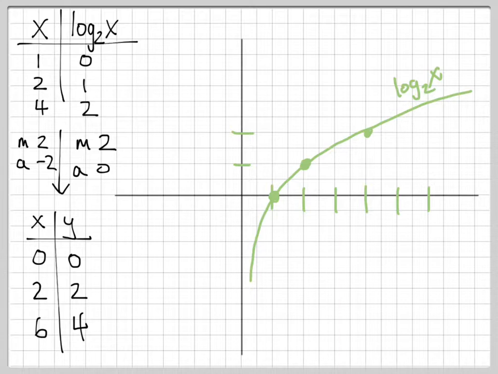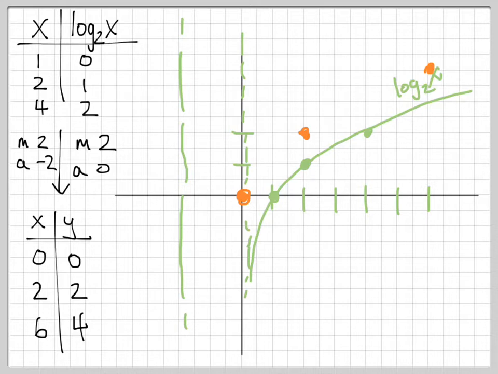And so we'll graph these in orange. 0, 0 is on our graph. 2, 2 is on our graph. And 6, 4 is on our graph. And one important thing that you should note is that normally on our original graph we have an asymptote here at 0, and the new graph, if you multiply 0 by 2 and subtract 2, you get negative 2, so the new graph has an asymptote back at negative 2.